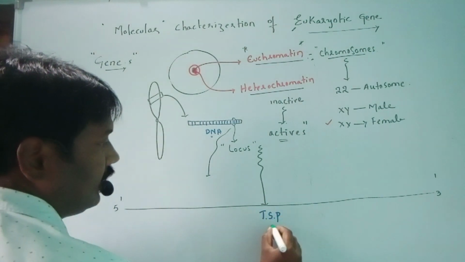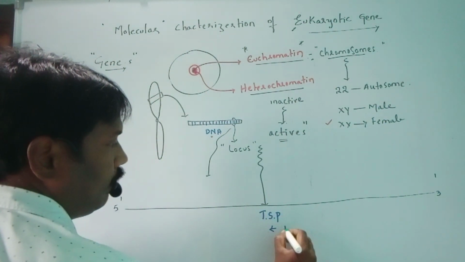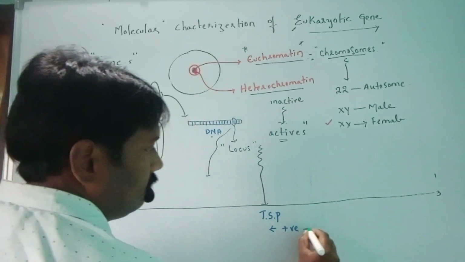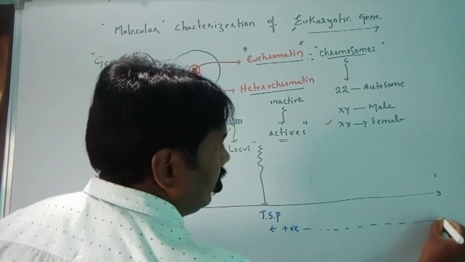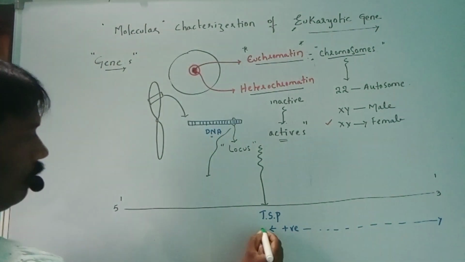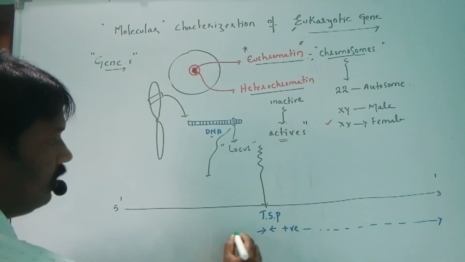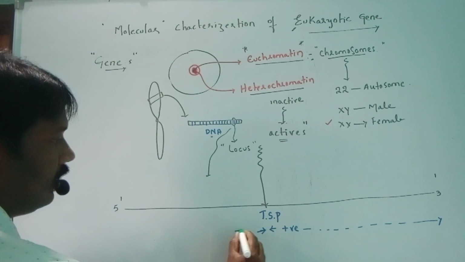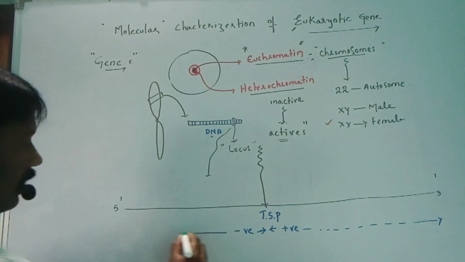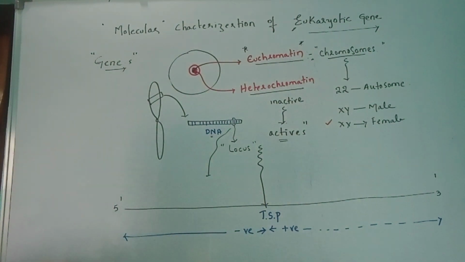From here onward until the end, we indicate with a positive sign. Before the transcriptional start point, we indicate with a negative sign.